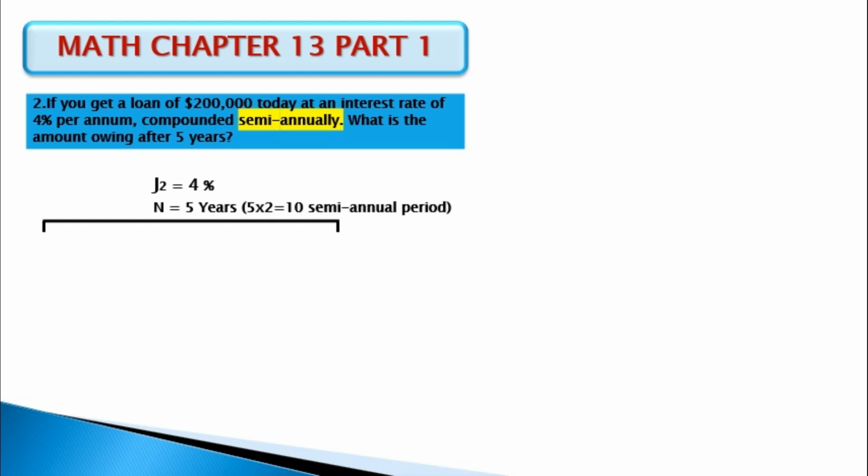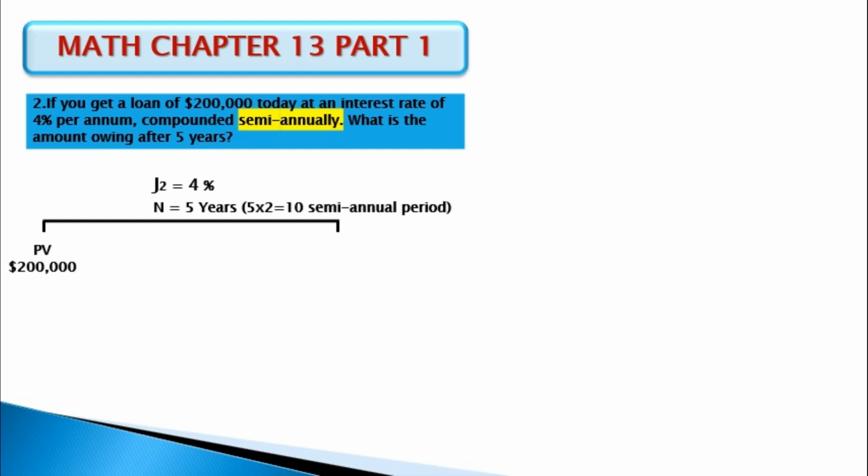Notice on your calculator, it's not T, it's N. N stands for the number of time periods within that timeline. So if it's a 5-year timeline and you are talking about semi-annual periods, that means you're talking about 10 periods. 5 times 2, that's how you get the 10.